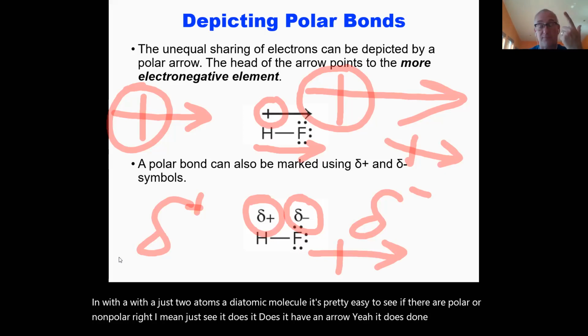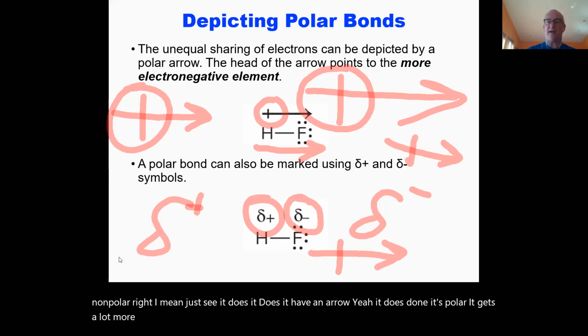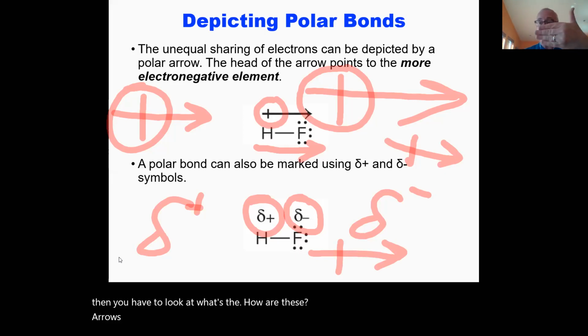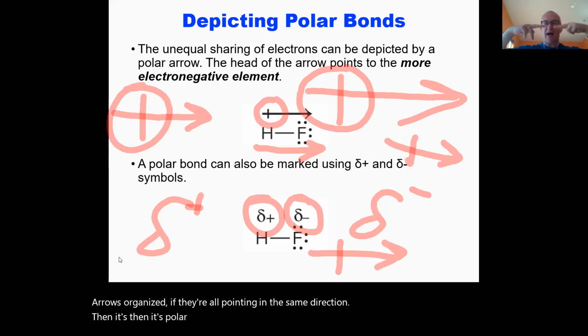It gets a lot more complicated when you have compounds that have 4, 5, 6, 10 different bonds, and then you have to look at how these arrows are organized. If they're all pointing in the same direction, then it's polar. If they're pointing in exactly opposite directions, it's not.